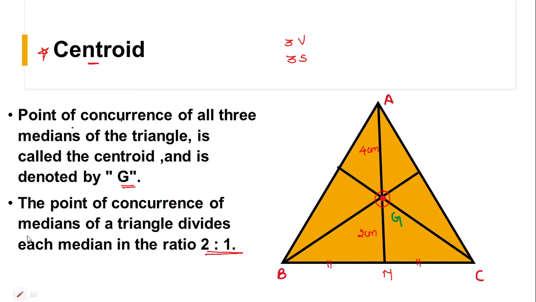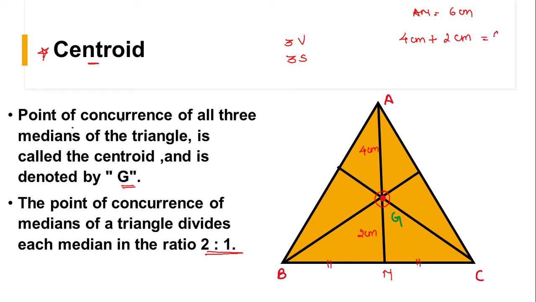One more time I will explain. Suppose this AM is 6 centimeter. The centroid G will cut it in such a way that AG is double of GM. The ratio has to be 2:1. AM is initially 6 centimeter, so AG will be 4 centimeter and GM will be 2 centimeter.